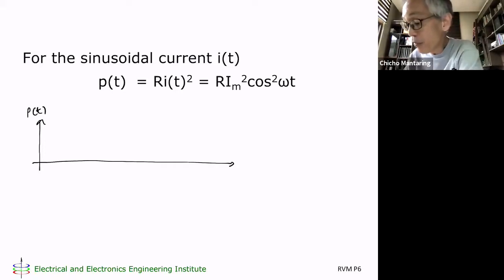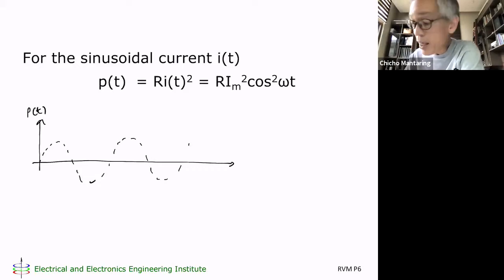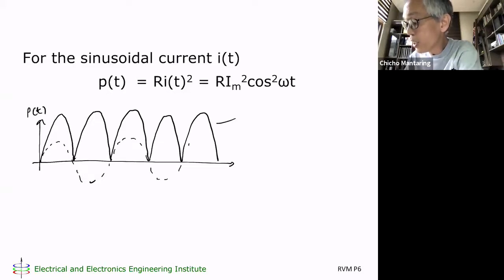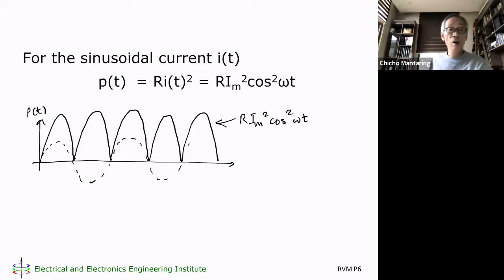So if originally this was my I, ang magiging itsura ng I squared ganito. So this is what R Im squared cosine squared omega t will look like.